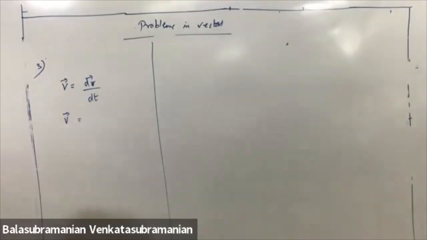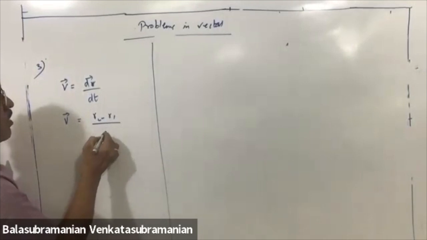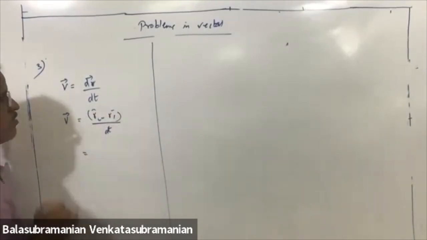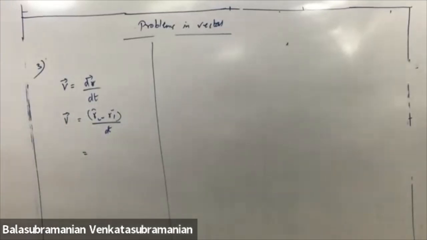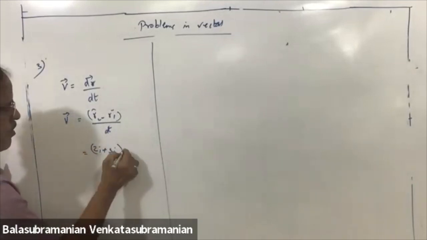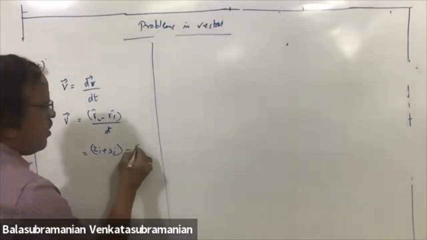What are the displacements given? R1 and R2. That is R2 minus R1 by dt. R2 value 2i plus 3j minus, what is R1 value? 5i plus 6j.